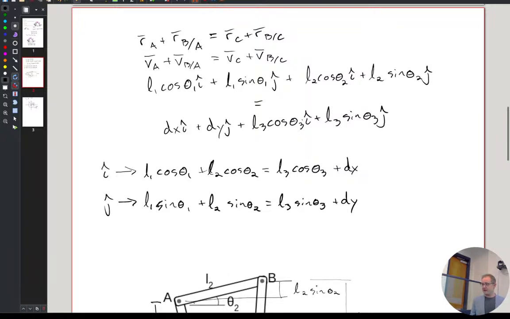Also, for any 4-bar linkage, this is the constraint equation. Like this has to be true. Yeah, at least this exact one for every single 4-bar linkage.